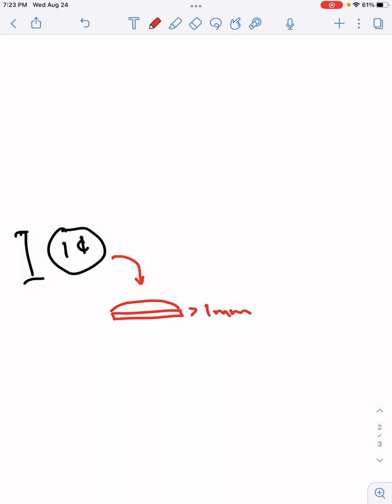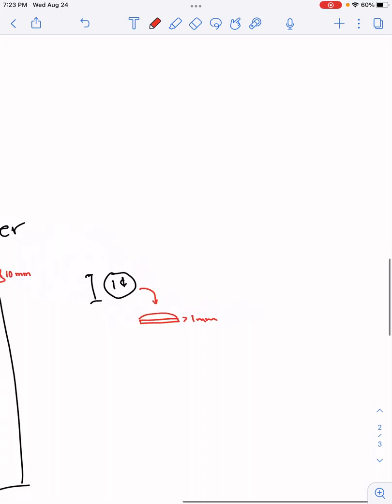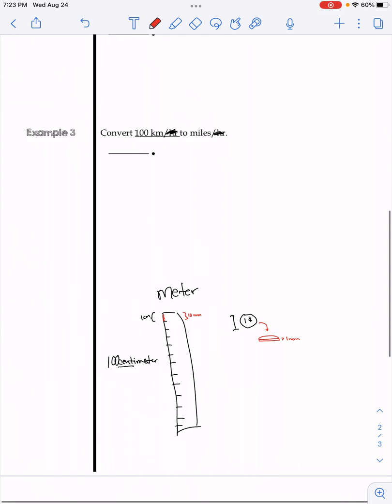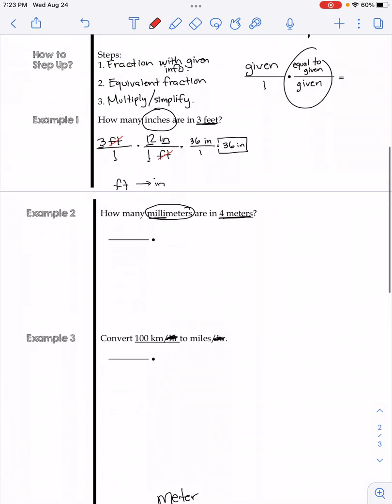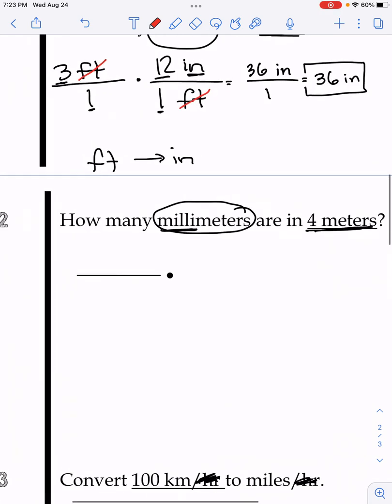Anyways, we're asking how many of the depth of that penny is 4 meters.